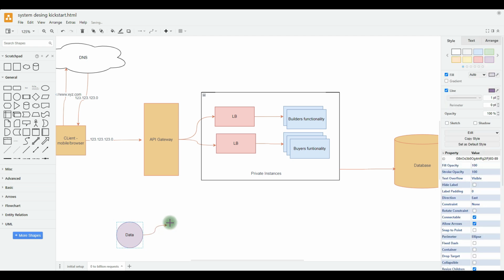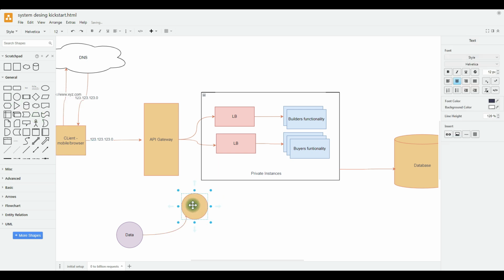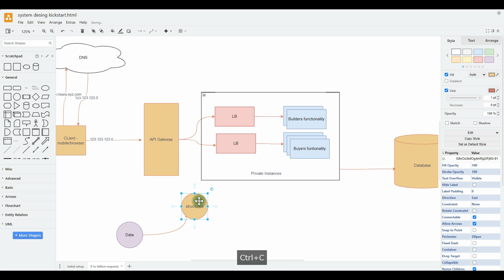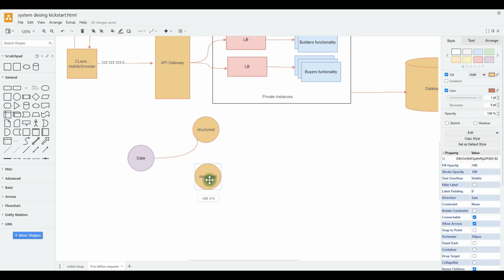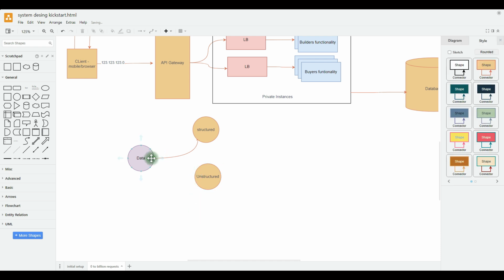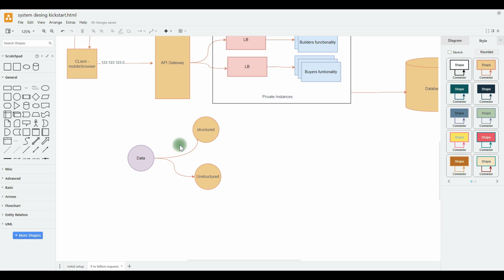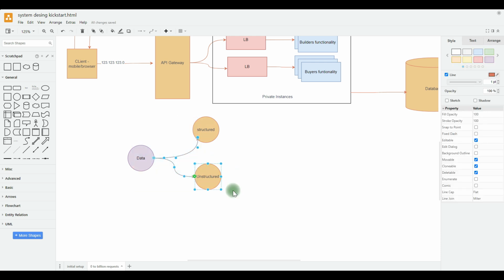The data can be structured data, and at the same time it can have unstructured data. These are the only two categories that come into picture when we talk about databases.